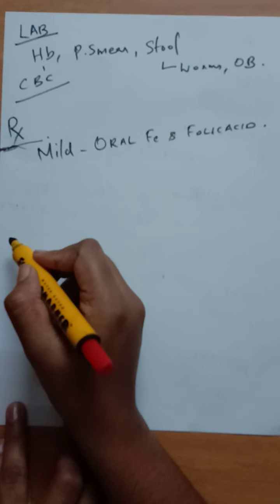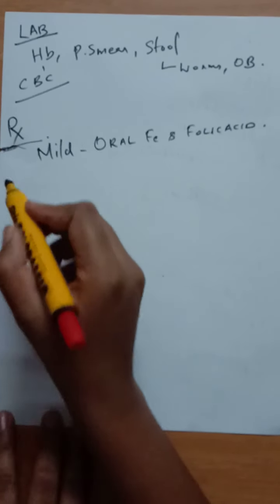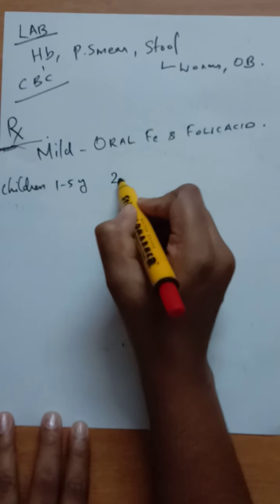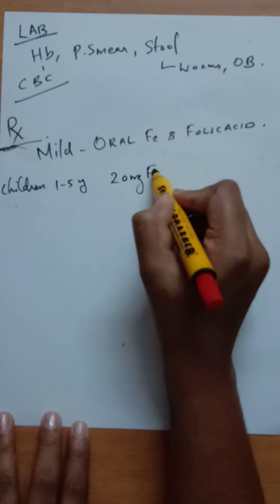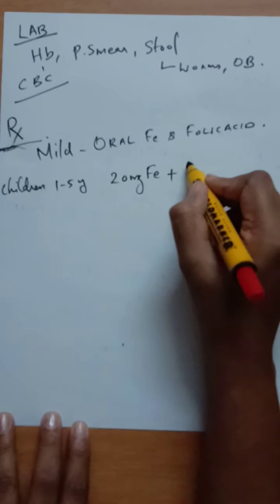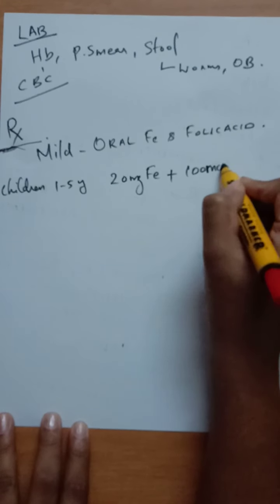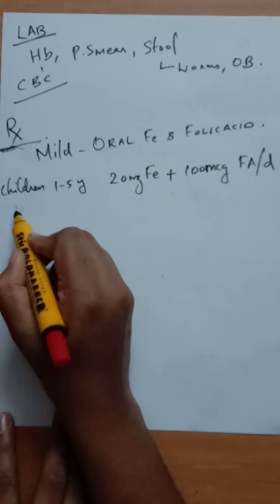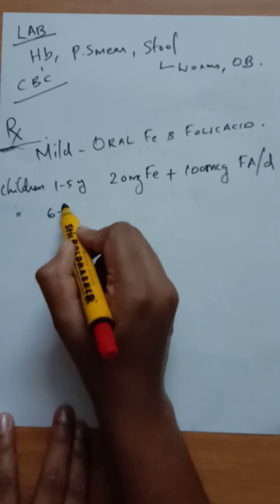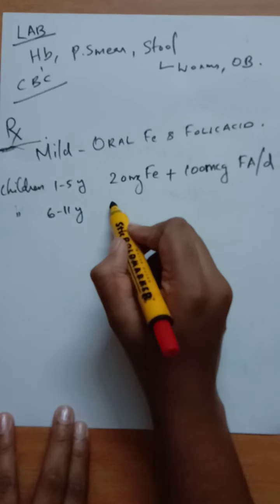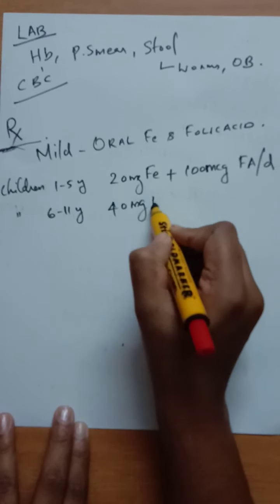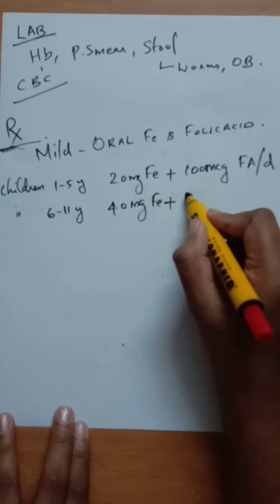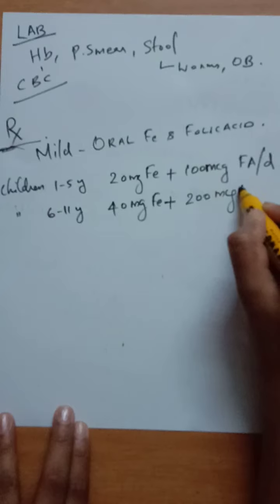And the dose of oral iron is, for children 1 to 5 years, 20 mg elemental iron plus 100 microgram folic acid per day, and children 6 to 11 years, 40 mg, double of the 1 to 5 year, 40 mg elemental iron plus 200 microgram folic acid per day.